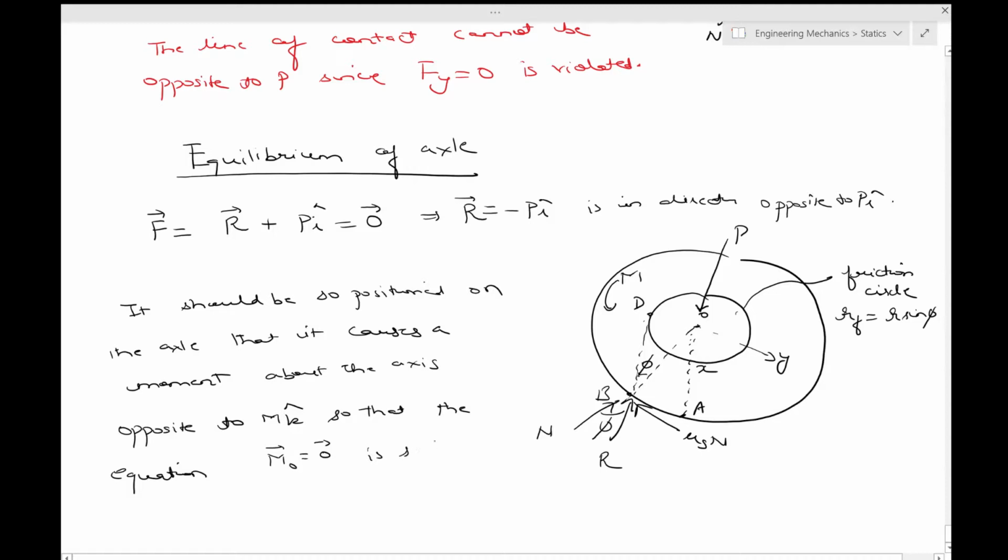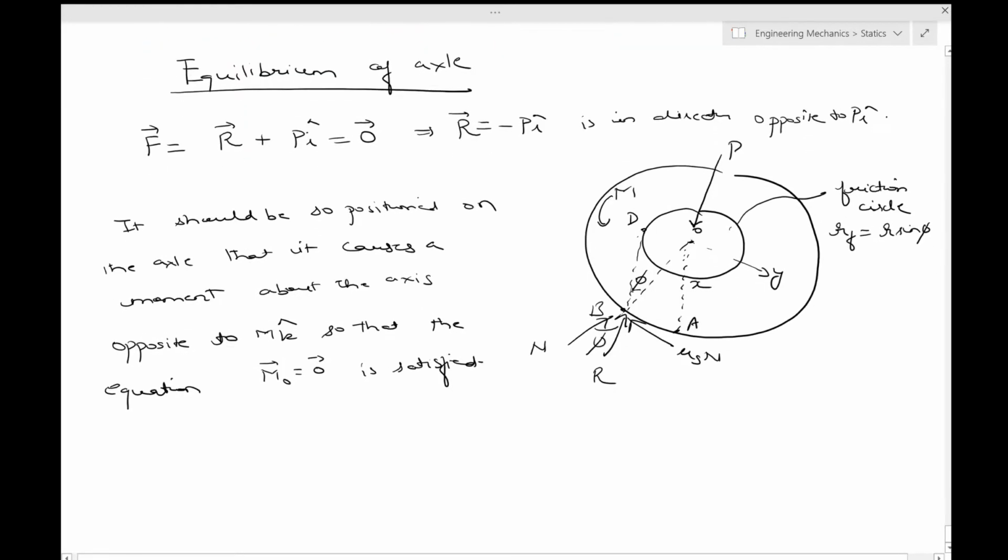This is required because the axle or the shaft does not have any angular acceleration. So that's why the equilibrium is necessary over here, just like the equilibrium in the x and the y direction was necessary.